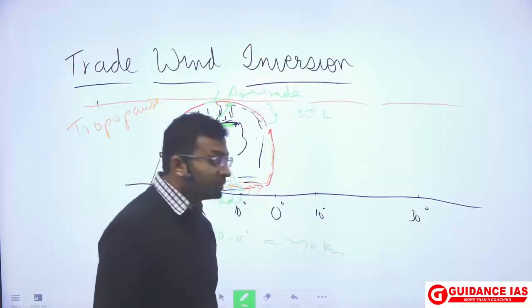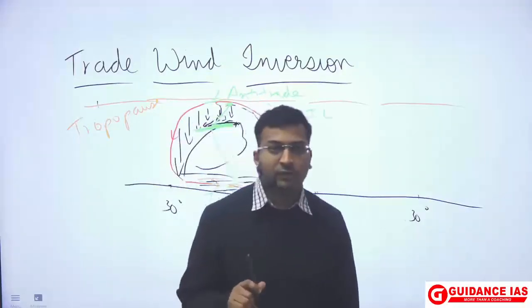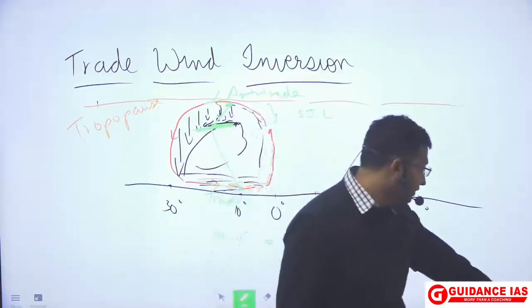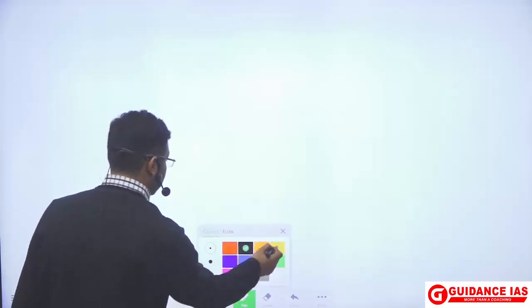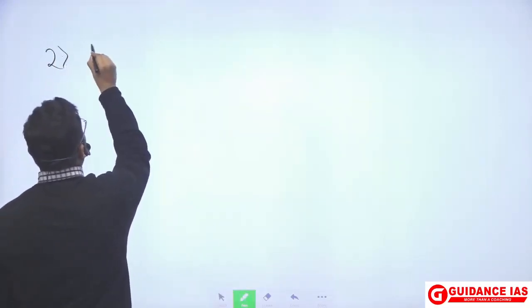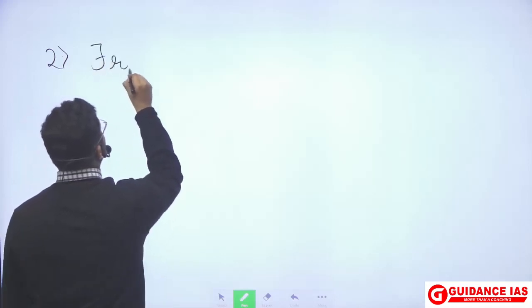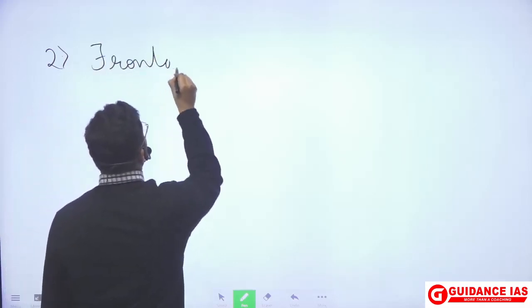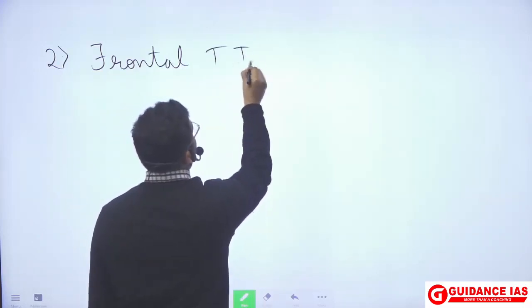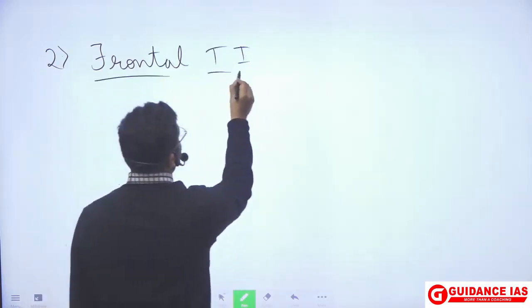Now let's move on to the second subtype of upper air inversion, that is the frontal temperature inversion.